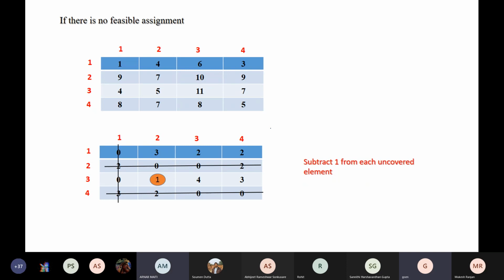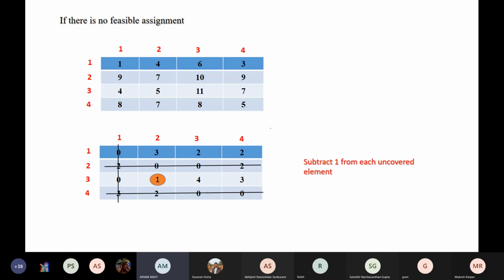We have to find, using the minimum number of horizontal and vertical lines, we have to cover the zeros in the matrix. Then in the remaining elements which are not covered, we have to take the minimum element and subtract it from the other elements which are not covered.